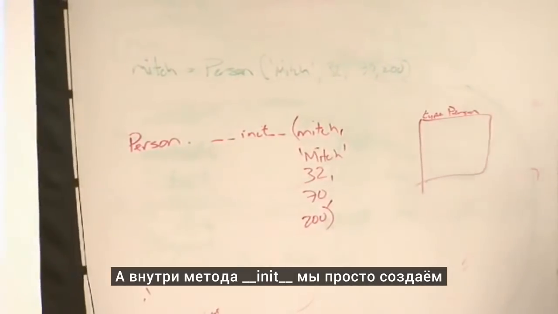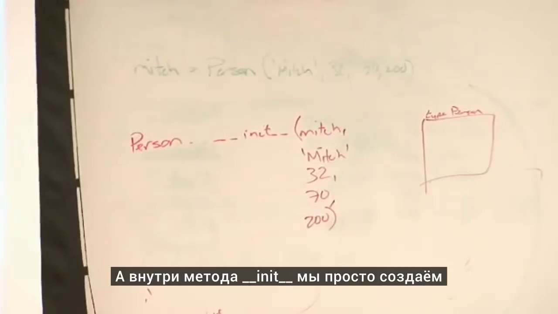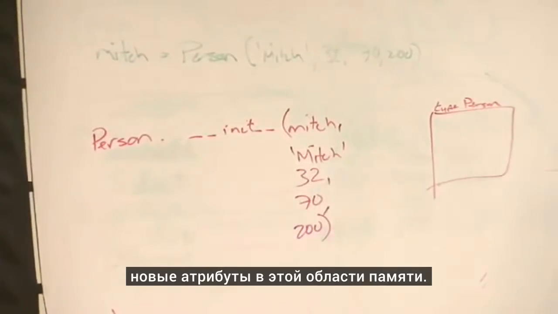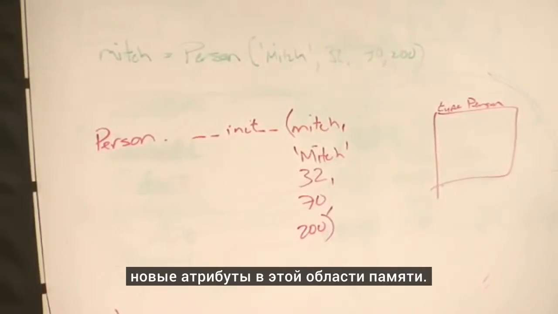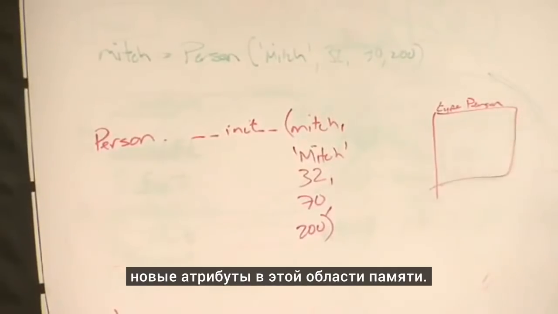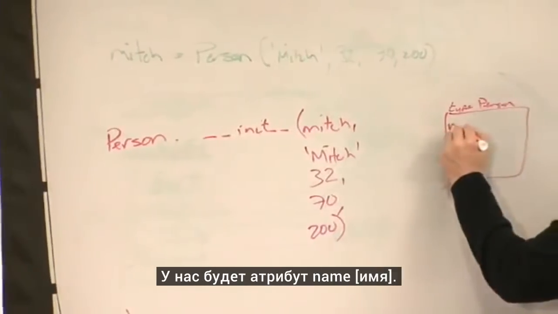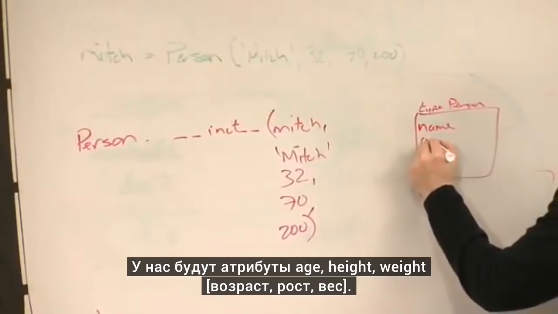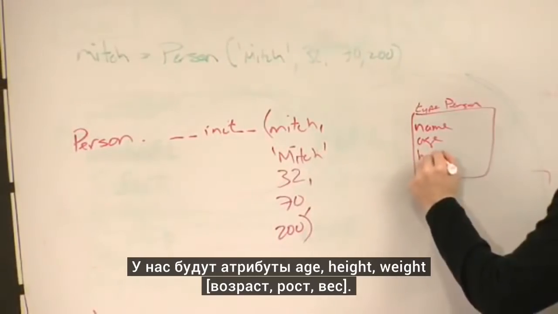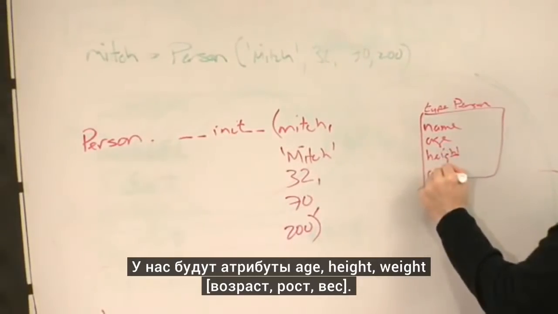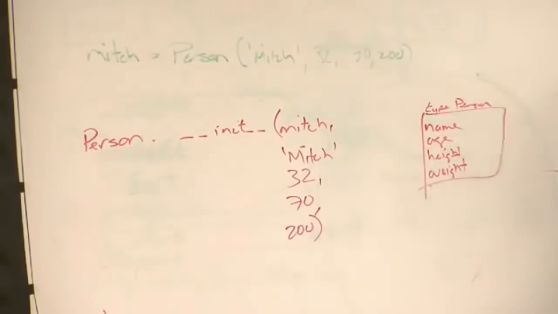In the init method, all we're doing is creating new attributes on this chunk of memory. So we're going to have an attribute name, an attribute age, height, weight.